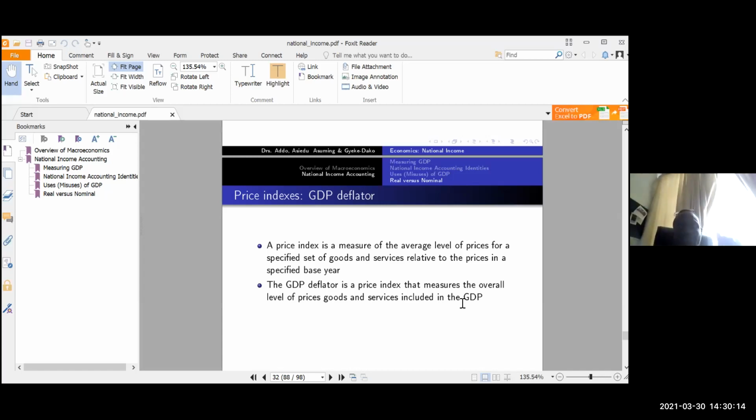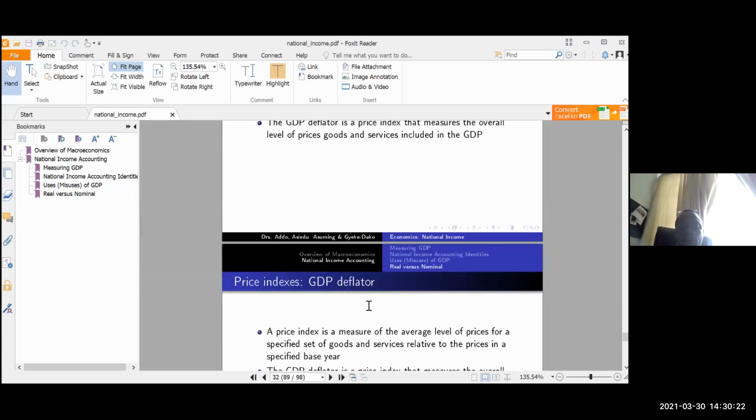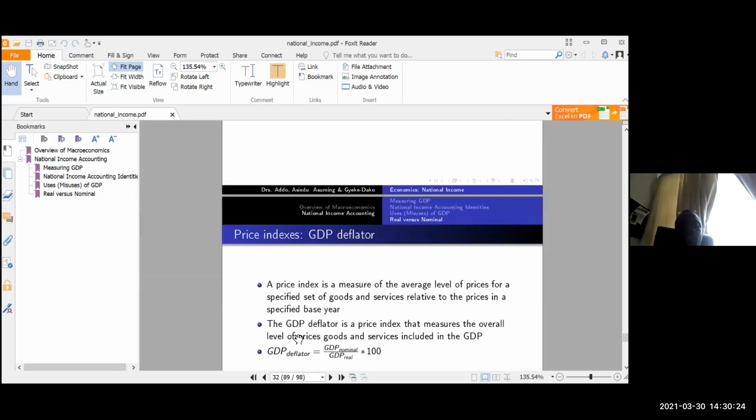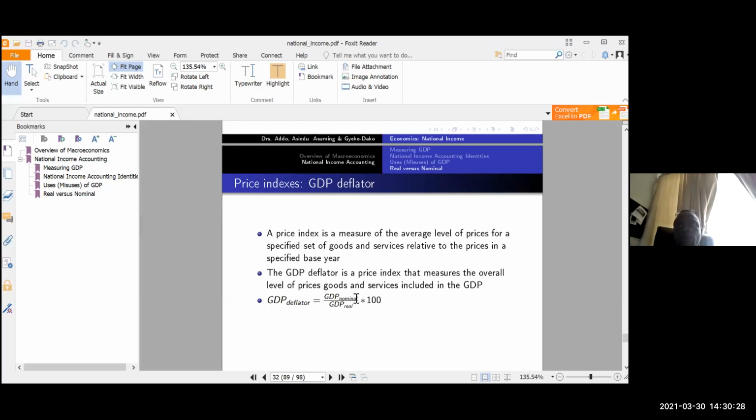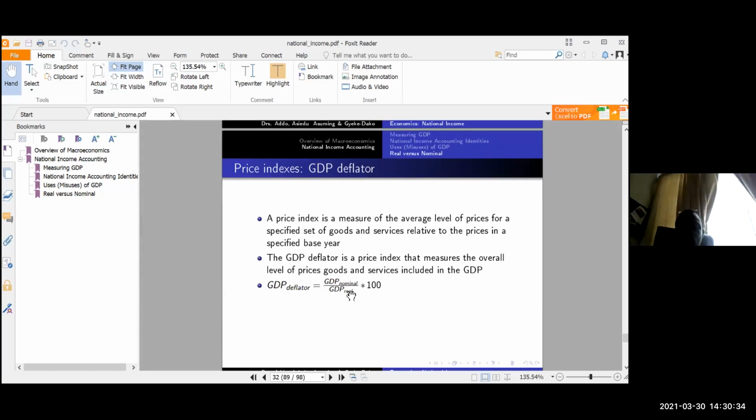The deflator is calculated as nominal GDP over real GDP, times 100. So the nominal GDP divided by the real GDP will give us the GDP deflator.